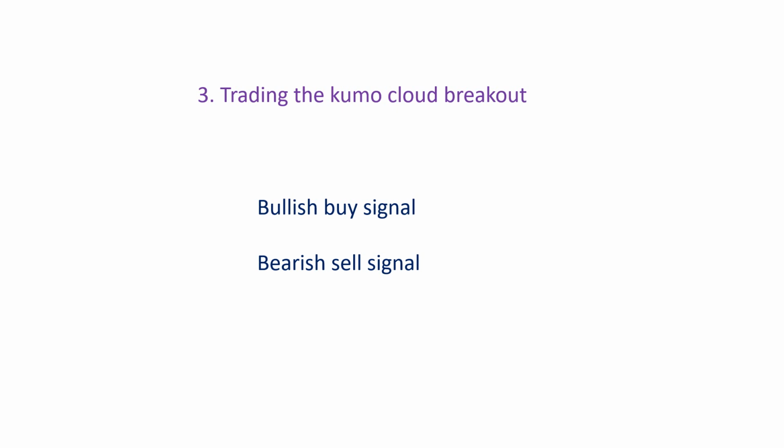When price enters the Kumo cloud and reaches the upper and lower edge, we may have a trend reversal or price rejection. In three situations, we use price action and whatever we learn from this indicator to enter or exit the trade.